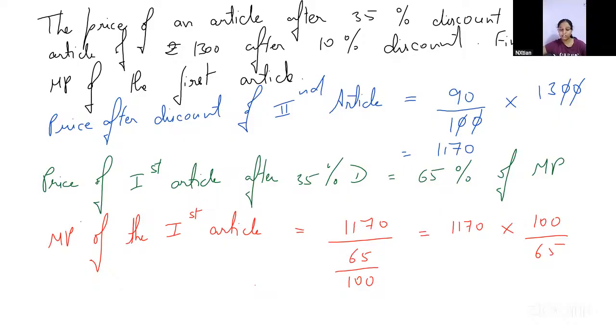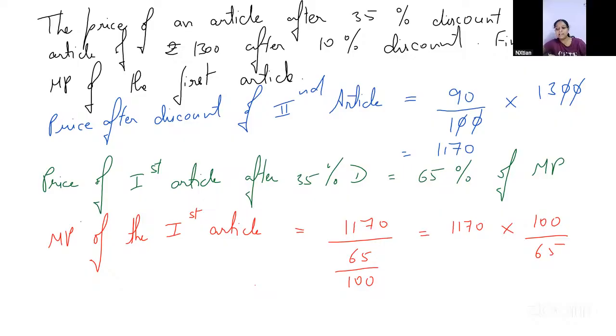Now, for the first article, 35% is the discount. From 100, we subtract the 35%, we have 65% of the market price.